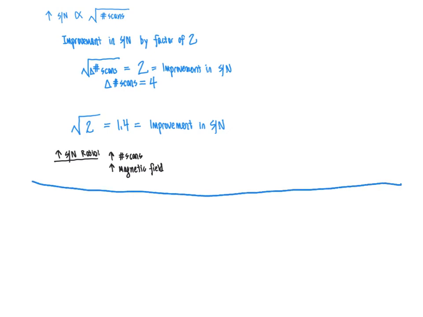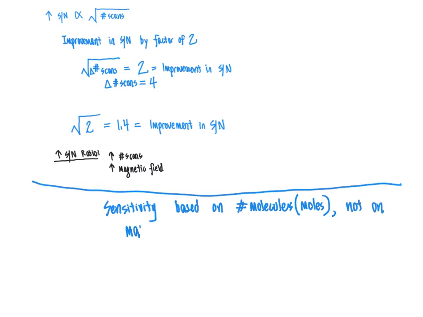So keep in mind that the sensitivity, our ability to detect, and our signal-to-noise ratio is ultimately based on the total number of molecules that you are subjecting to this nuclear magnetic resonance phenomenon. We can think of the number of molecules as being proportional to the number of moles, not to the mass of the compound.